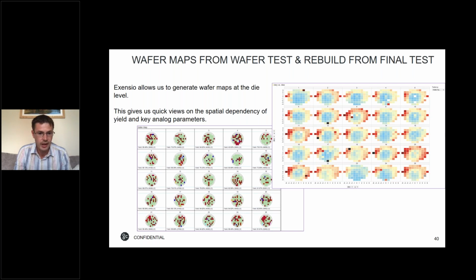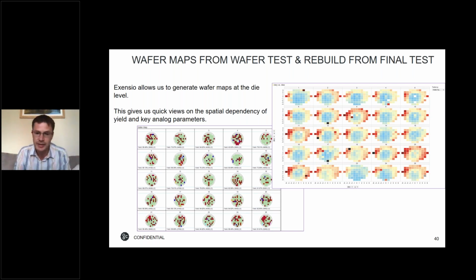Just a couple of slides. These are very straightforward slides. These are graphs very obvious to any product engineer. Wafer maps for parametric and bin yield. Nothing particularly groundbreaking, but Exensio makes this very easy. It was pretty much the first thing we could do on the first training session.